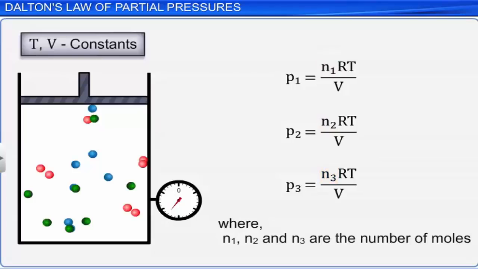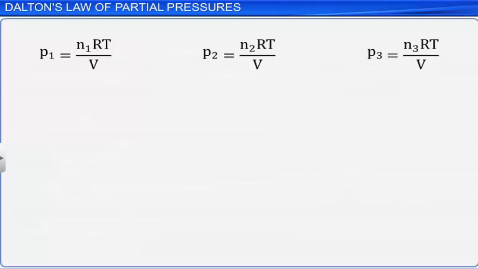According to Dalton's law of partial pressures, total pressure exerted by the mixture of gases P total is equal to P1 plus P2 plus P3.